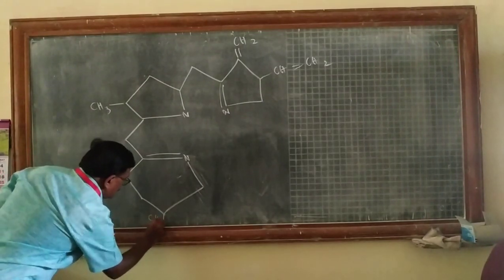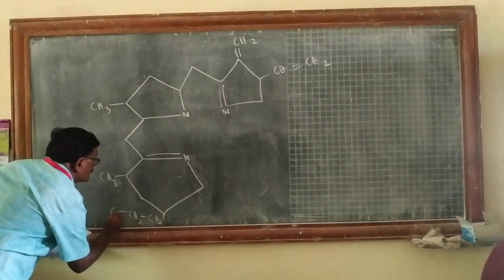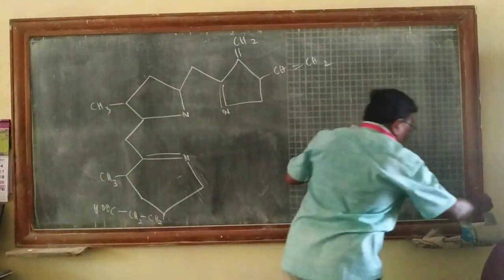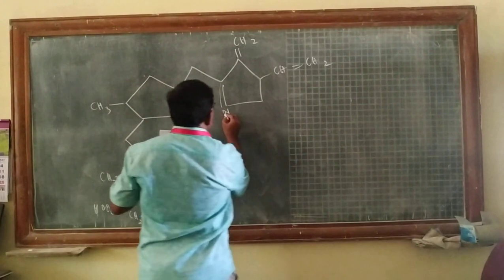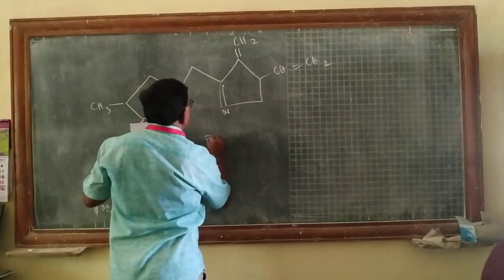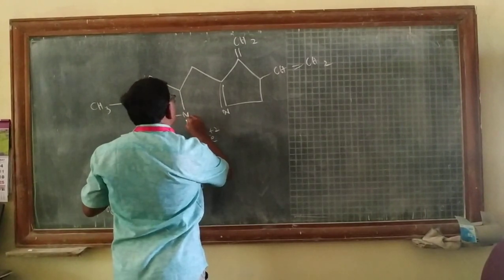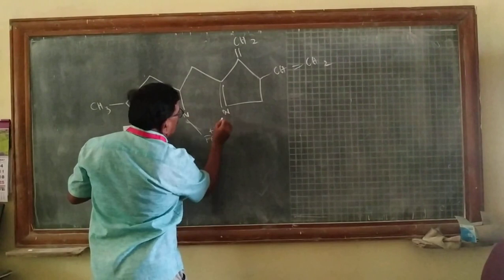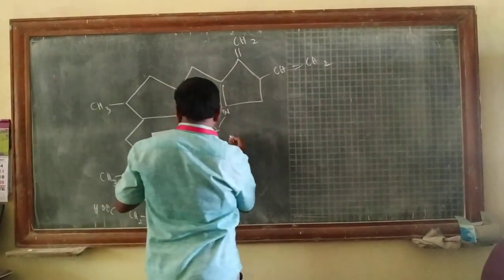This is CH2, CH2, this is COOH. Fe+2. This is iron, this is nitrogen, this is a bond.